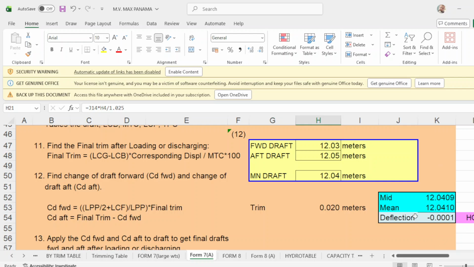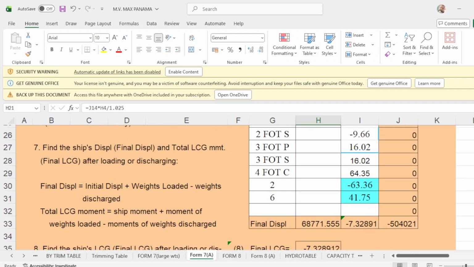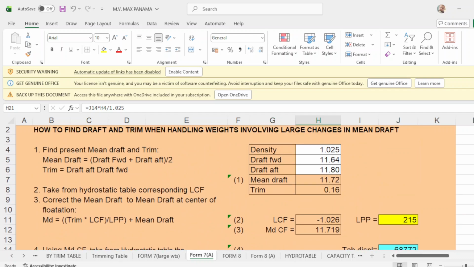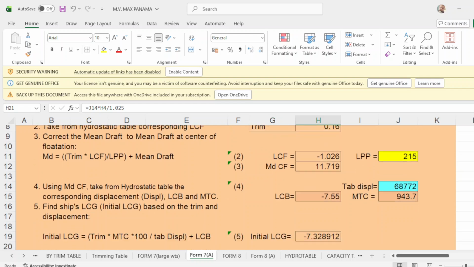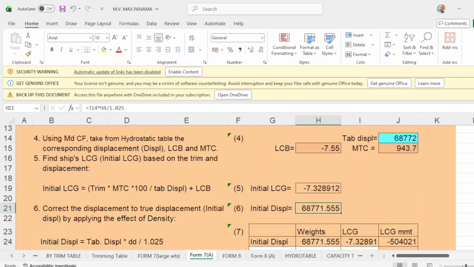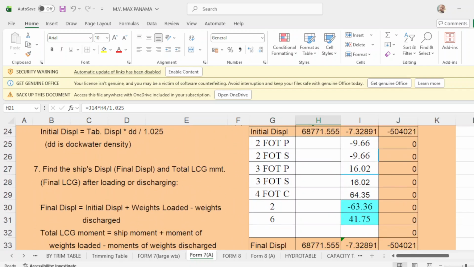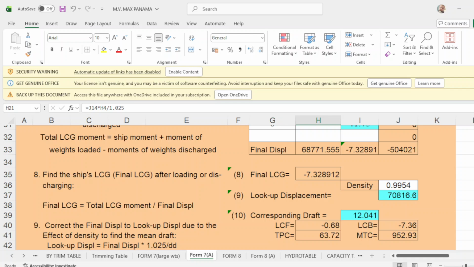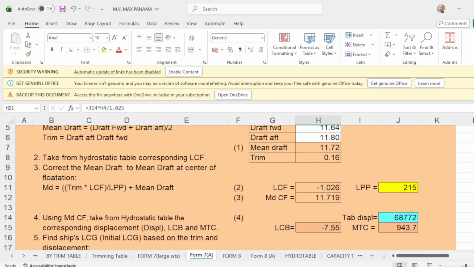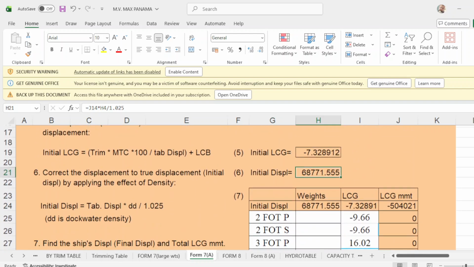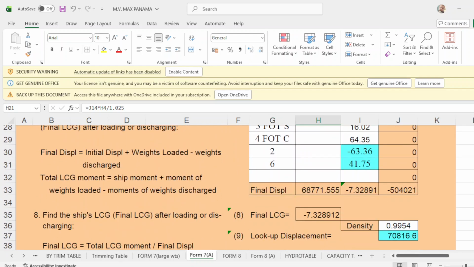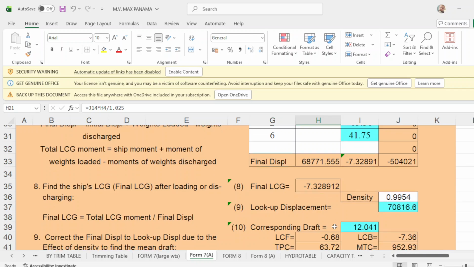Then here you have your deflection. Midship, so your midship drop is 12.04. You see midship drop, or this one.